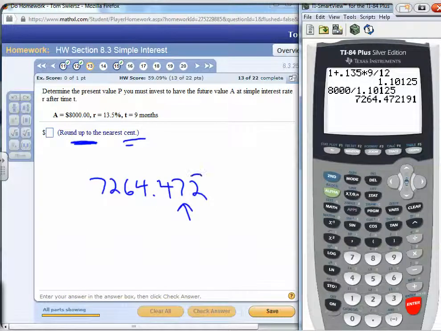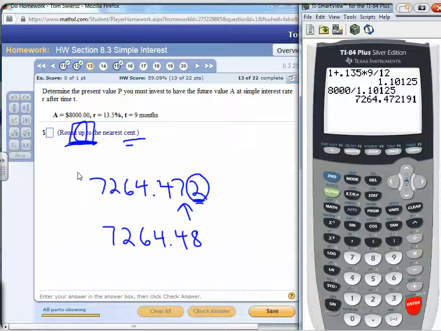So even though there's a 2 there, normally we would just leave the 7, but because of the word up, we're going to go up to an 8 automatically. So it'd be $7,264.48. Again, be careful because of the word rounding up. We automatically add 1 penny, even though normally with a 2 we would keep it a 7.